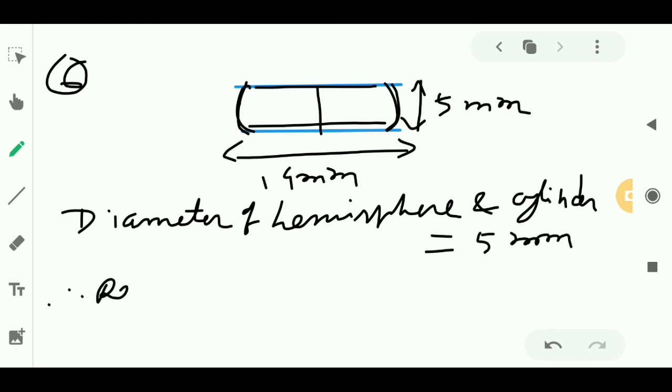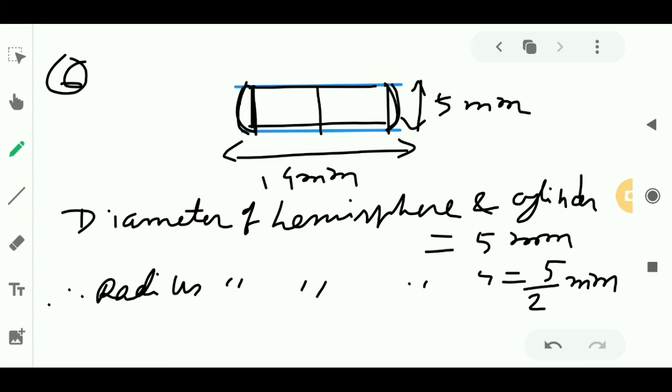Therefore we will find out the radius first. Radius of hemisphere and cylinder, half of that one, that is 5 by 2 millimeter. And now we can see here, if this one is a hemisphere, this one a hemisphere, then if we subtract the radius from both sides, then we will get the length of this cylinder. So we need the height, this length will be the height of the cylinder.